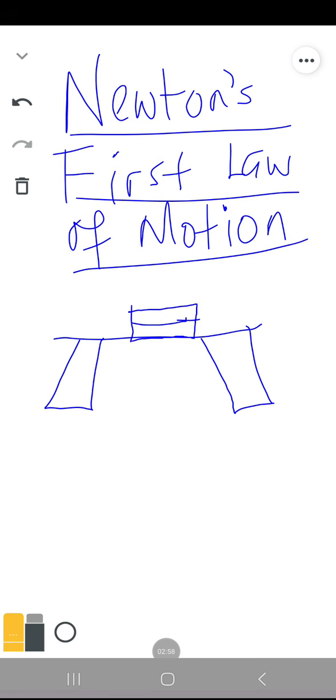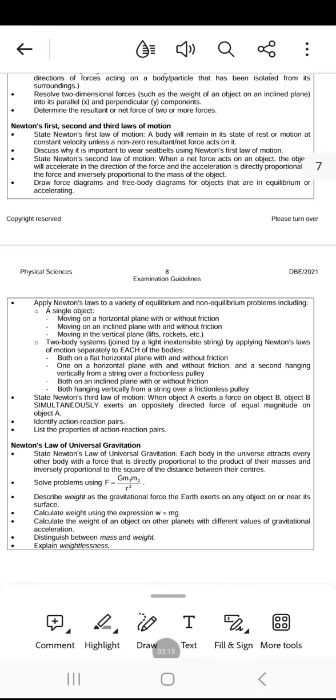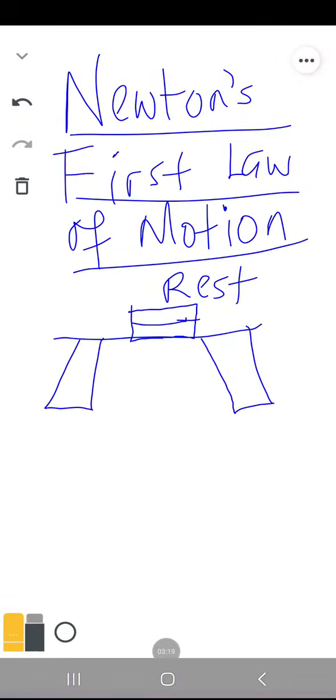Let's assume that this one is at rest. That is the book. Newton's first law says, from the definition, a body will remain in its state of rest. I gave you this scenario: a book which is on the table, which is at rest.